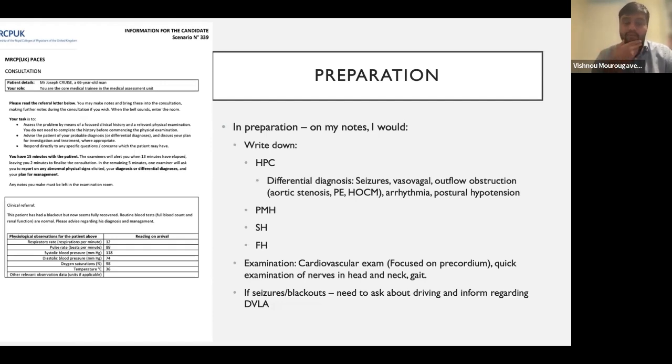For example, in family history, I would have specifically asked about is there any history of cardiomyopathy, for example, any history of sudden cardiac death, which I've not written down on this, but that's the sort of reason why I do this. I write down what I think is useful in terms of what exam I'm going to do. And I've identified the driving and also the need to inform the DVLA. So that's my preparation.